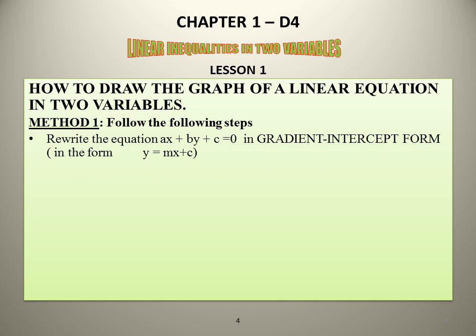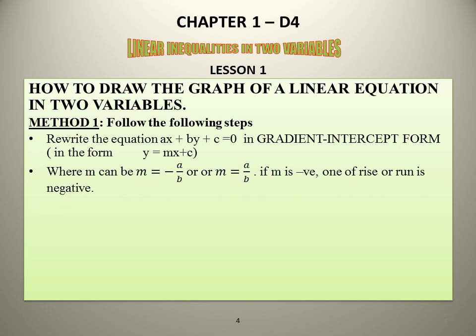Rewrite the equation in gradient intercept form. If you are given an equation, always write that equation in gradient intercept form, where m can be positive or negative. If m is negative, then one of rise or run is negative. This is what we have discussed in the previous slide.